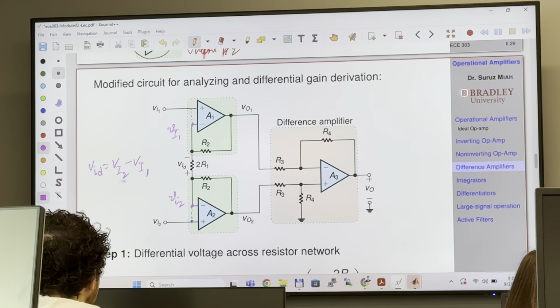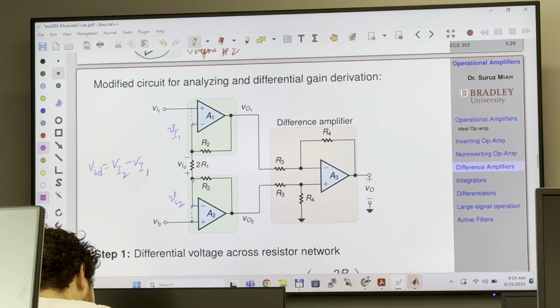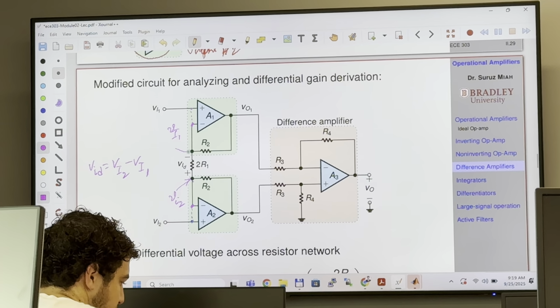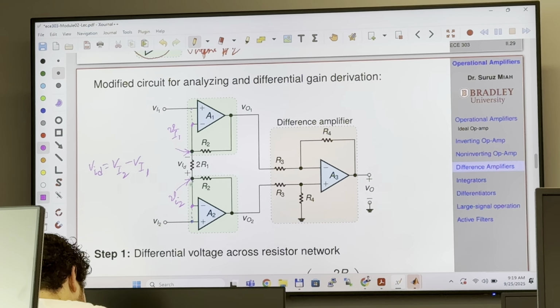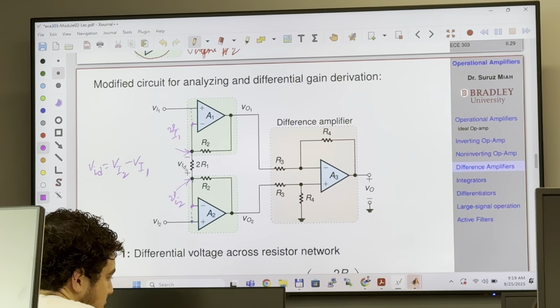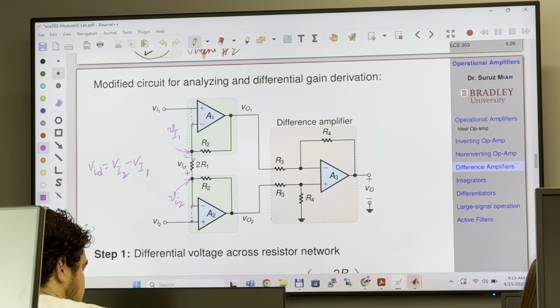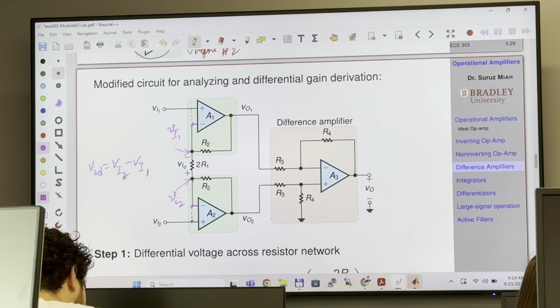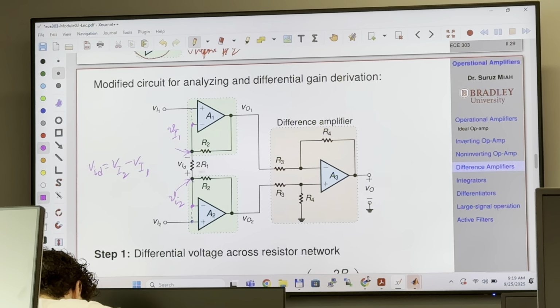The voltage across this resistor is going to be VI2 minus VI1.